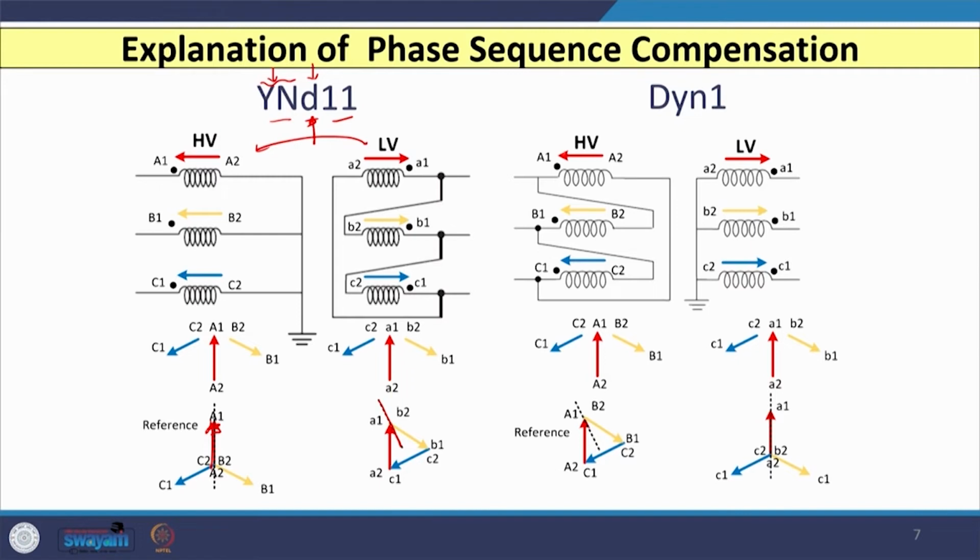Now you can see here the HV winding is delta, so that comes first with a capital letter, and your LV winding is always in small letters, again after the HV winding. So, that is star with the neutral of that winding grounded. Here the only difference we want to consider is this phase shift.